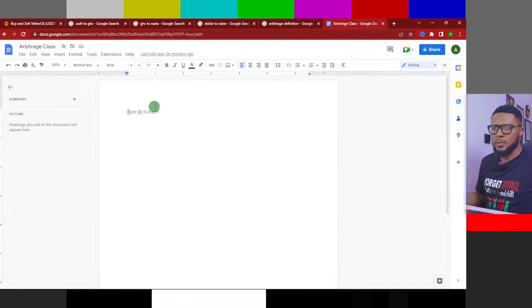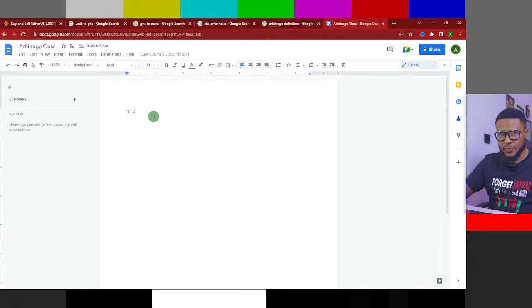The bank rate as at today is 490. So let's note that down. We are going to come back to this because we need it. If we're going to learn this, we have to do it the right way. So we're using the bank rate, not the CBN rate.